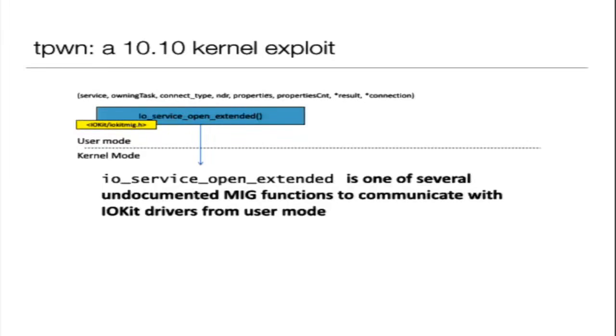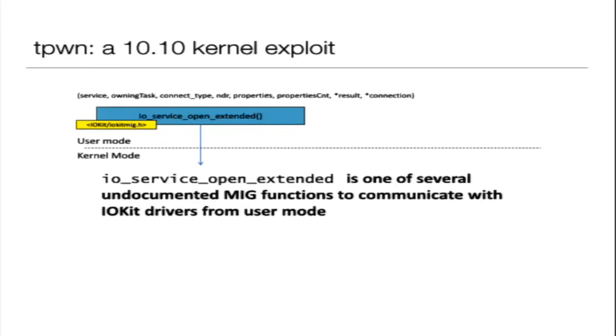This is important because, as you will see, IOServiceOpenExtended accepts various arguments, and these are converted from userland to kernel land by MIG, which is an automated interface generator between a Mach client and a Mach server.